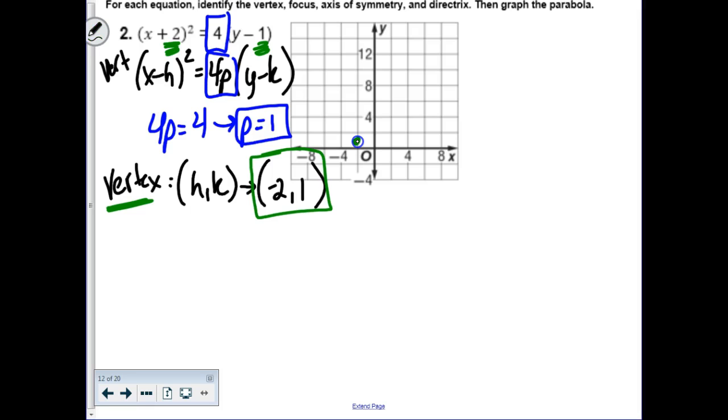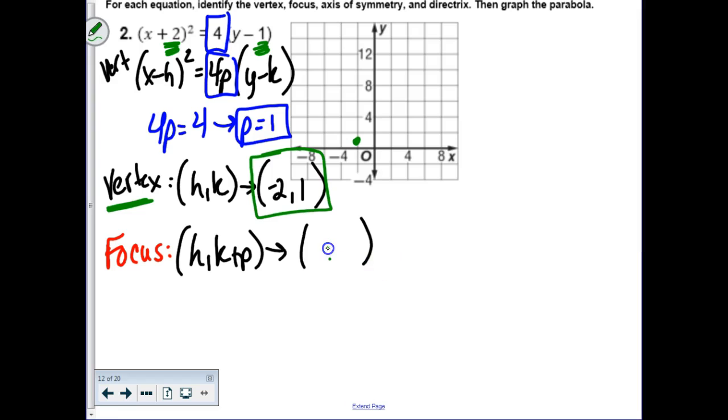All right, time to start calculating. We just found out that the p-value was 1. So now we can find the focus using our vertical focus formula, which is h comma k plus p. So for us, that would be -2 comma 1 plus 1.